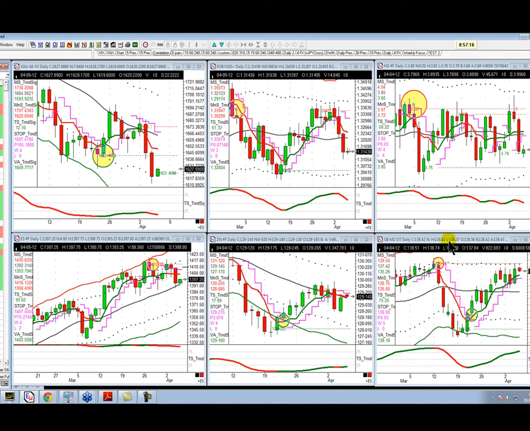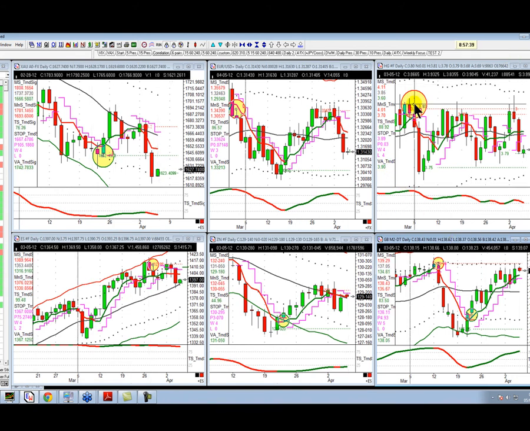This is the German bond market on the bottom right. As you can see, as equity markets have fallen, bond markets have rallied. So the dollar rallies or the euro falls, gold falls, equity markets fall, and the bonds rally. That's the correlation between them, and we've seen all that happen this week.